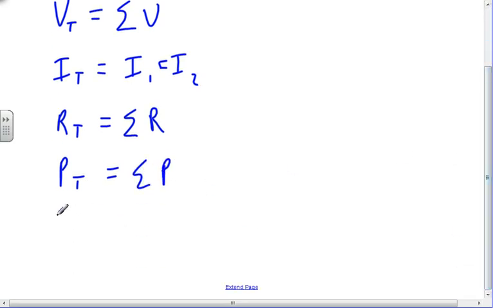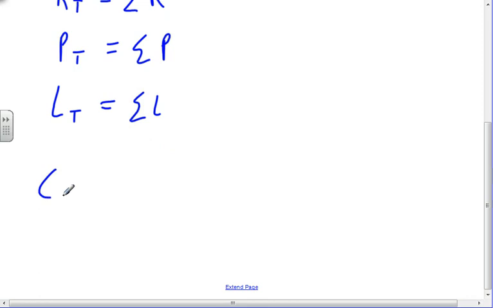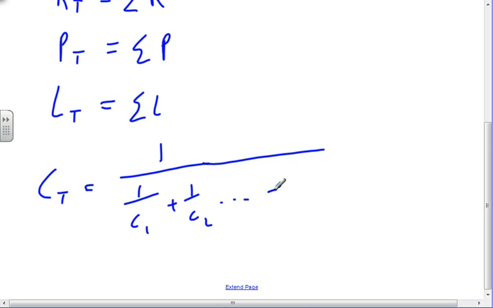The inductance total is the sum of the inductors. And the capacitance total is going to be 1 over C1 plus 1 over C2 plus and so on, 1 over Cn. So in a series circuit, the capacitance acts the same as resistance did in a parallel circuit.